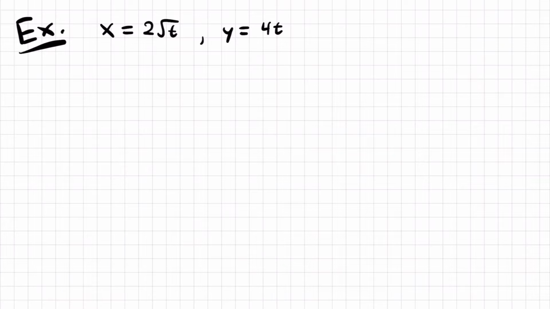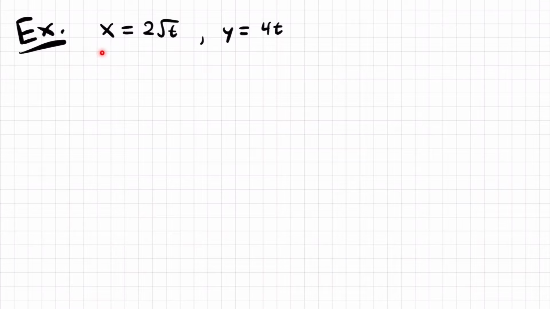we call the parameter. Now in this case, we aren't given an interval for t, and when that happens, what you will have to do is find the natural domain for t, right? What values of t make sense for these two parametric equations? And so in this case, are there any values of t that would not be possible for either of these equations? Well, y equals 4t, t can be any value, and y will be a defined value.